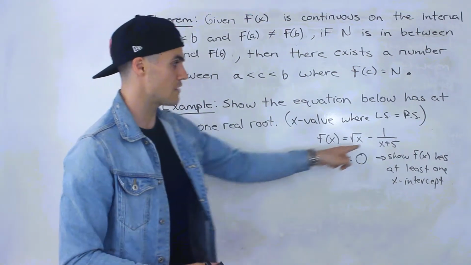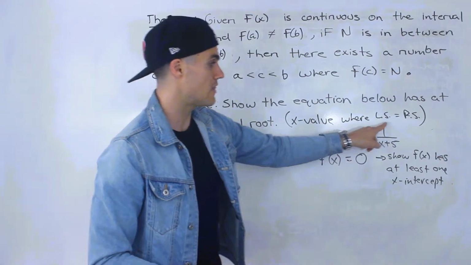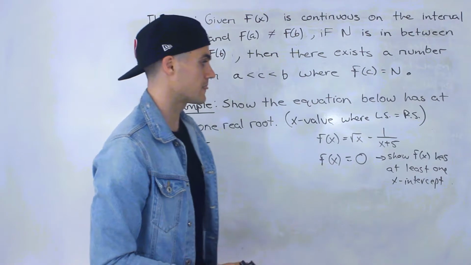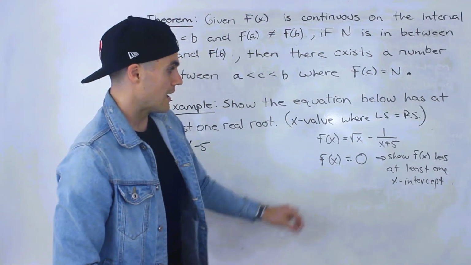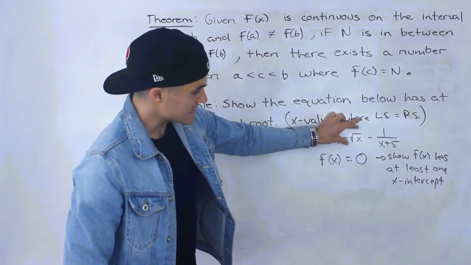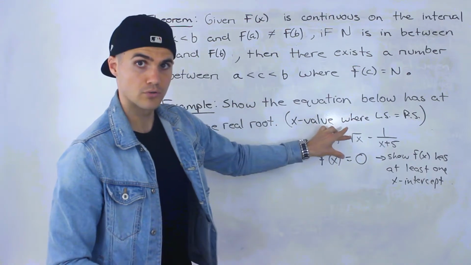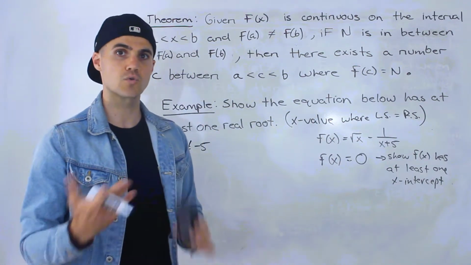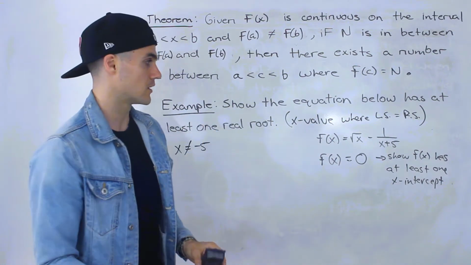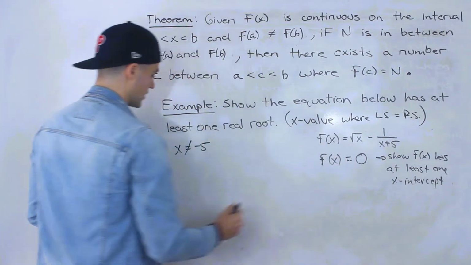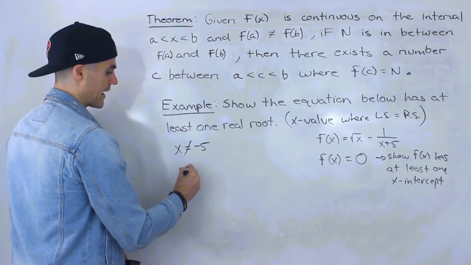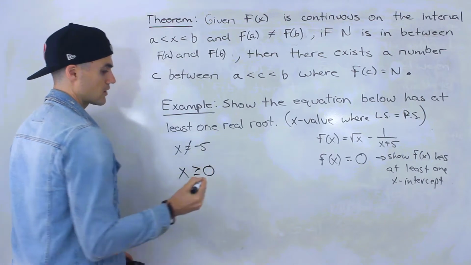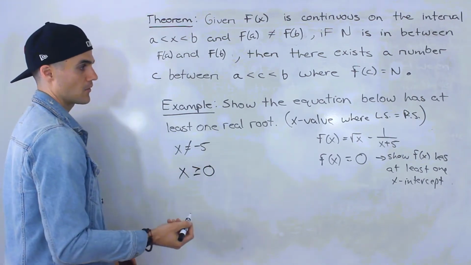If we plug in -5 here, then this part is going to be undefined. But also notice that in this expression, the square root of x, we can't take the square root of a negative number. So from this expression, all the x values have to be greater than or equal to 0.